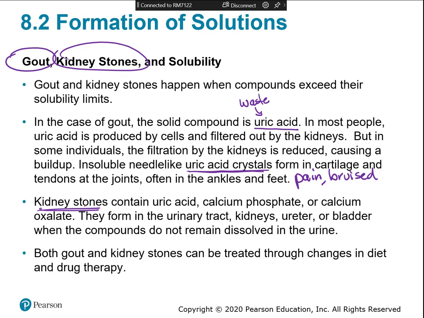So if it's in the kidney itself, big job of the kidney, filtering out this fluid waste, excess salts. Once it does this filtration, it has to funnel urine towards the ureter. And the ureter is a tube that's less than 1 millimeter in diameter. Really, really small.